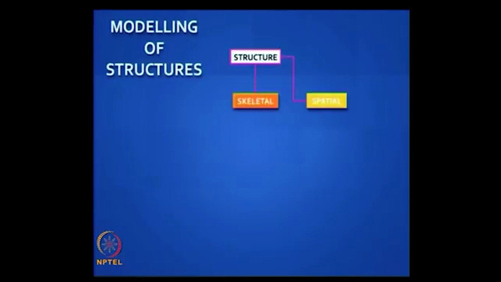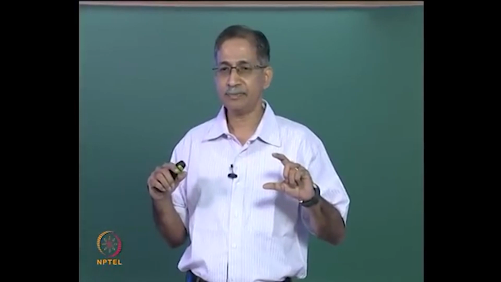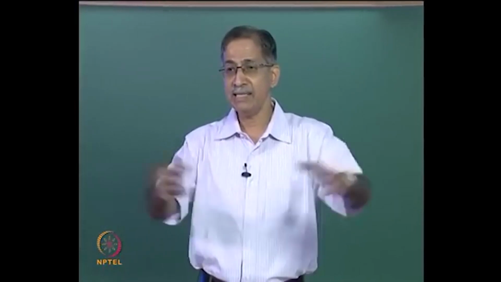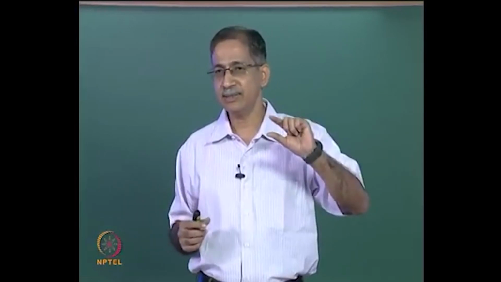That space frame, or the structure as a whole, is made up of elements which are skeletal and which have also spatial elements. So spatial elements are those elements whose plan dimensions are large but the thickness is small.